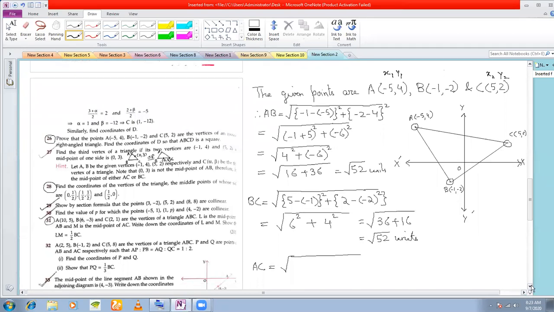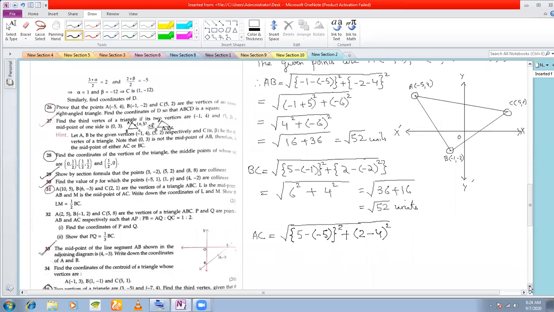So the distance is root of (5 minus minus 5) square plus (2 minus 4) square.